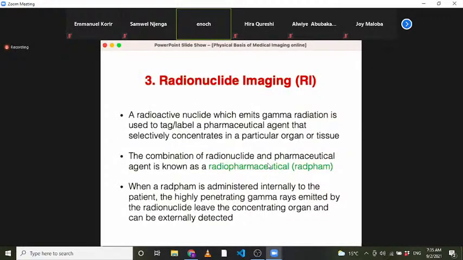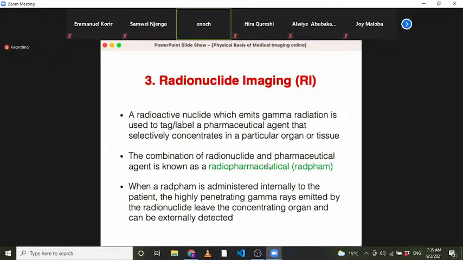The third type of imaging is radionuclide imaging, or RI, or nuclear medicine, if you like. Here, radiation is introduced into the subject. Most often, for purposes of imaging, it is gamma radiation.